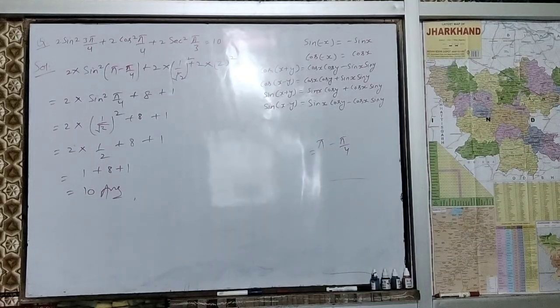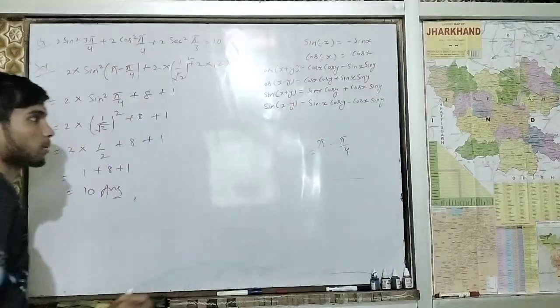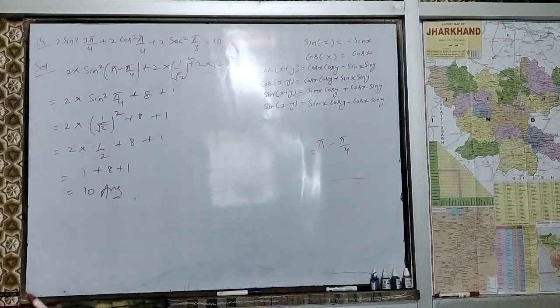Next question. Fifth. Fifth is very easy. We will now use a trigonometric identity. This trigonometric identity will be used in the next question just after this.